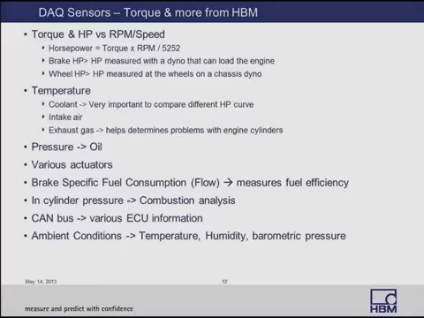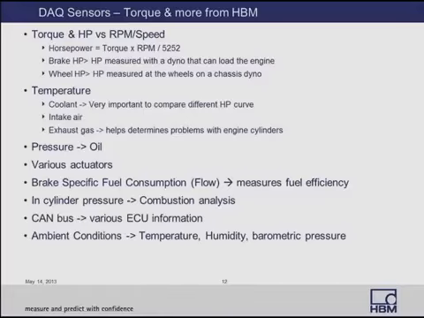Torque and RPM are measured, and power is calculated using torque times RPM divided by 5252. There are two types of horsepower: brake horsepower and wheel horsepower. Brake horsepower is measured with a dyno that can load the engine, whereas wheel horsepower is measured at the wheels on a chassis dyno.